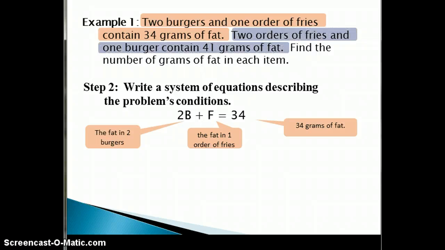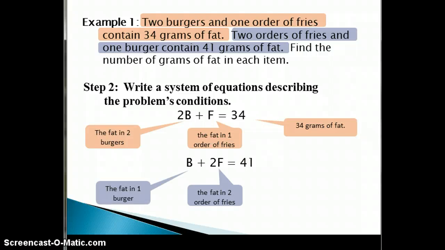The second sentence will give us our second equation, which states that the number of grams of fat in 1 burger plus the number of grams of fat in 2 orders of fries equals a total of 41 grams of fat. So here is our system.